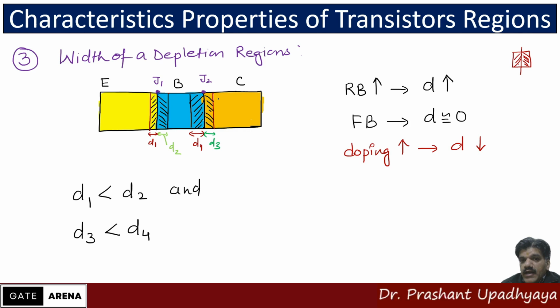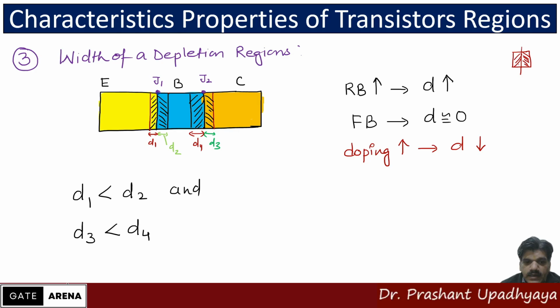Whereas when we are also talking with respect to the doping, we have seen that this emitter is highly doped, then this collector is moderately doped, and this base is lightly doped. So you are going to find that since this base is lightly doped, the D4 depletion layer will be more when we are comparing it with respect to D3.